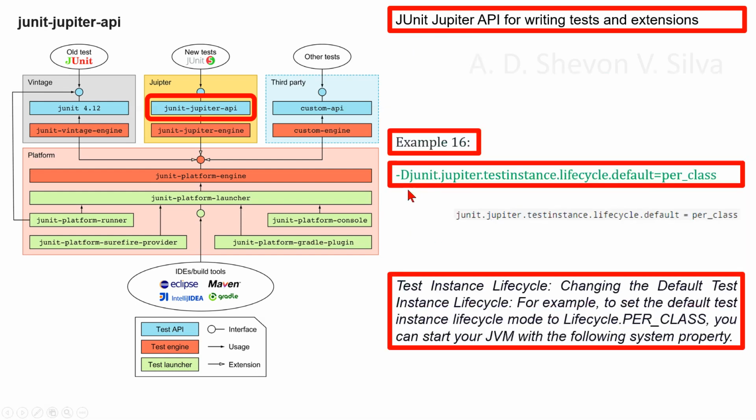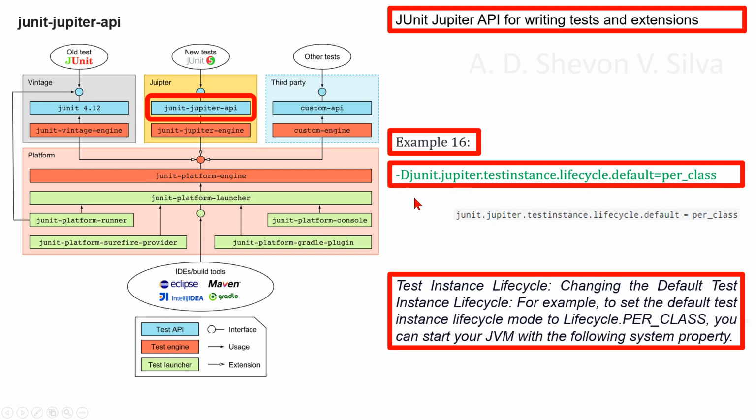Now we are considering changing the default test instance lifecycle. For example, to set the default test instance lifecycle mode to Lifecycle.PER_CLASS, you can start your JVM with the following system property.